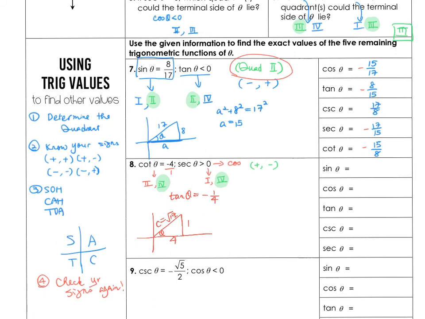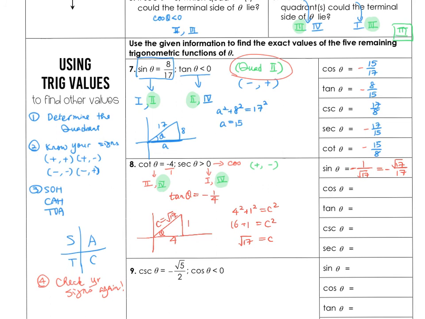How did I get that? 4 squared plus 1 squared should be c squared. So 16 plus 1 equals c squared. Square root of 17 is c. Now I can do my trig functions. Sine is 1/√17. I actually wrote this, so I'm going to simplify that. I sort of jumped ahead, right?